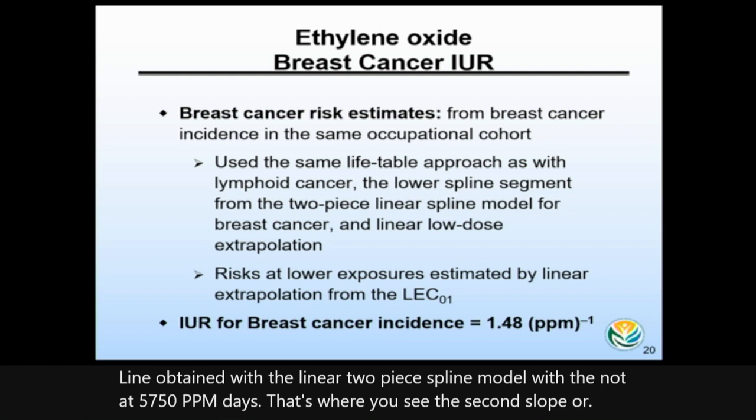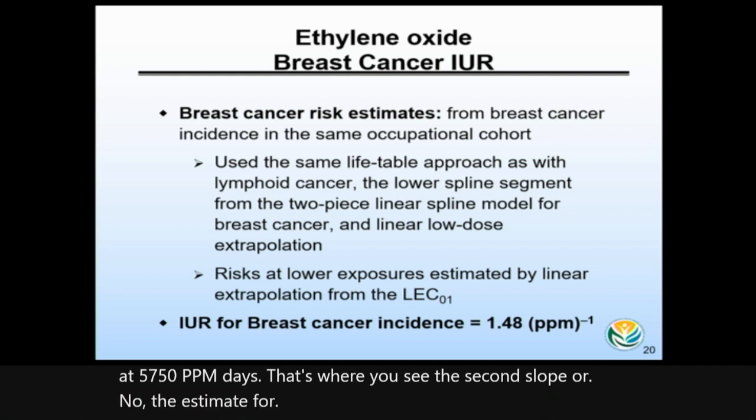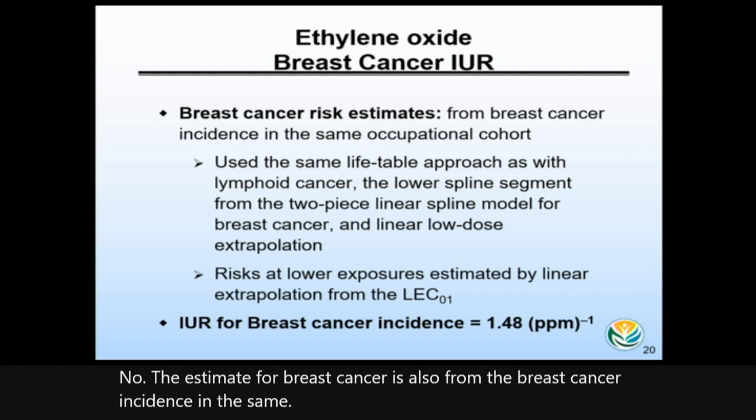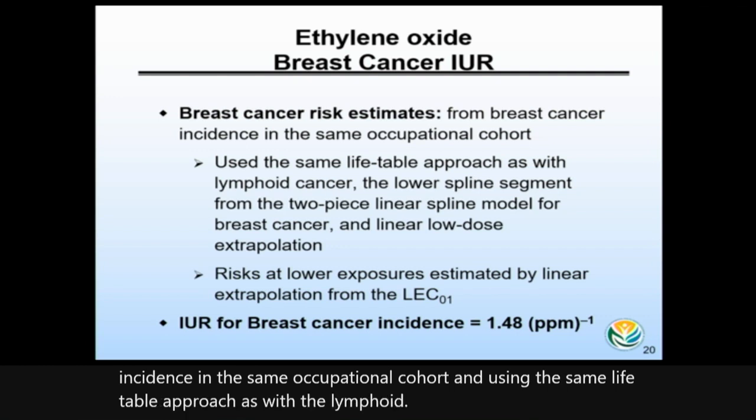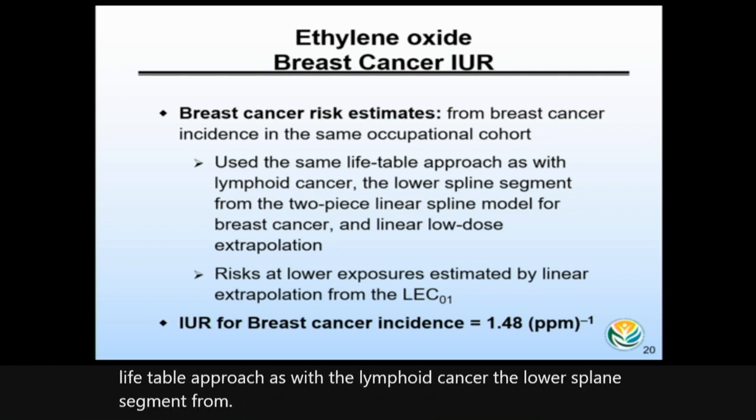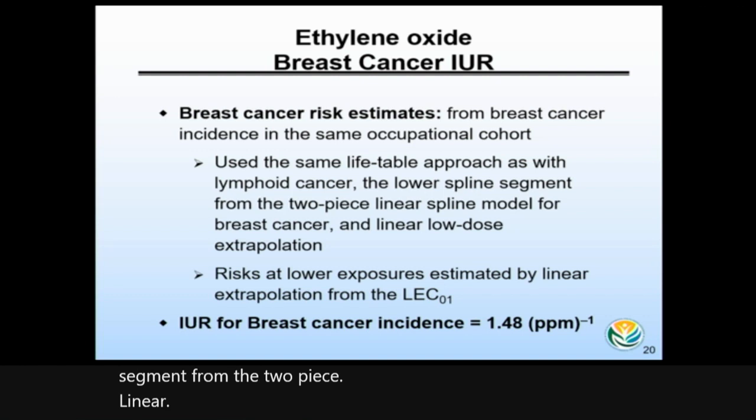So the estimate for breast cancer is also from the breast cancer incidence in the same occupational cohort, using the same life table approach as with the lymphoid cancer, the lower spline segment from the two-piece linear spline model, as well as linear low-dose extrapolation from the LEC01.